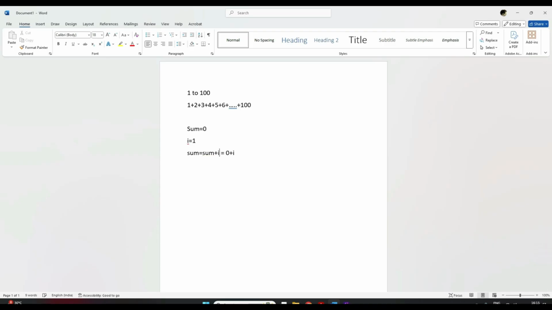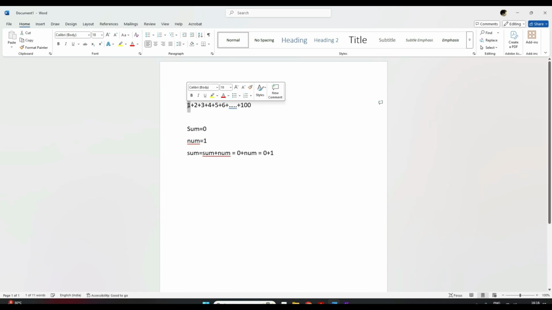Instead of I let me take num, otherwise it's very confusing. So it will be 0 plus num. Now what is the value of num? It is 1. So it will become 0 plus 1. So my sum will become 1.